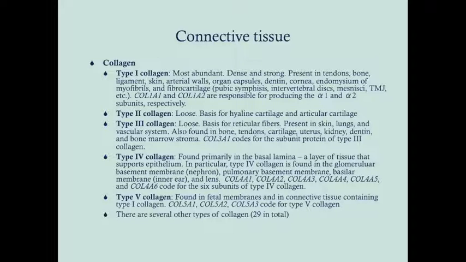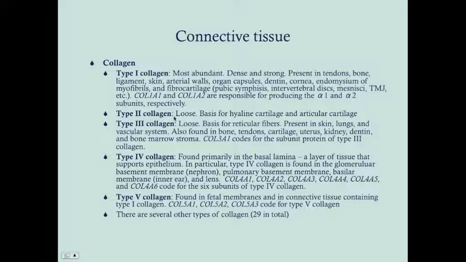And where do we see that fibrocartilage? That's the cartilage that makes up the pubic symphysis, the discs, the menisci, temporomandibular joint, and so forth. There are 2 genes that code for the 2 subunits of type 1 collagen, called COL1A1 and COL1A2, and those are responsible for producing the alpha-1 and alpha-2 subunits.